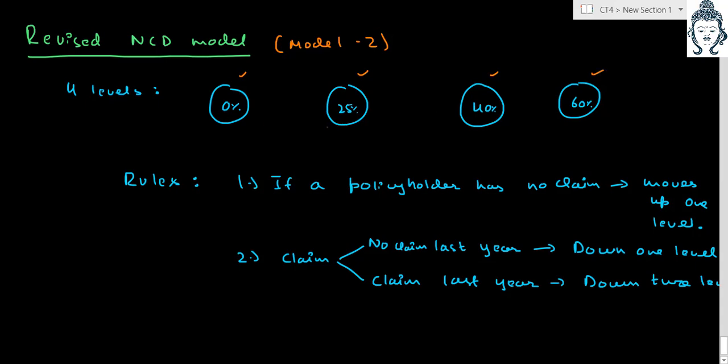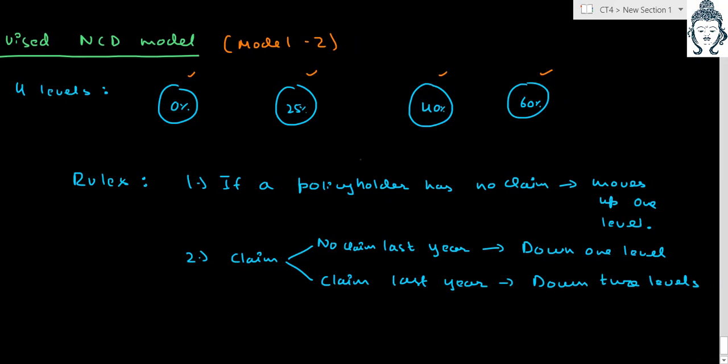So this is our model now, and the rules of the model have changed a bit. Earlier our rules were that if you do not make a claim, you move up 1 level, and if you make a claim, you move down 1 level. Now the rules are that if a policy holder has no claim, he moves up 1 level, and this rule is exactly the same as the previous model. But if this policy holder makes a claim, then there can be 2 conditions.